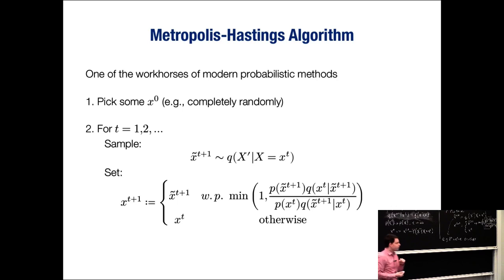For virtually every distribution you will actually have, these two things are the same. For example, for this distribution, the probability of going from 0 to 1 is the same as going back from 1 to 0, and those two terms cancel. And that, in fact, is the Metropolis algorithm. The Hastings algorithm is when you add those two q's there.